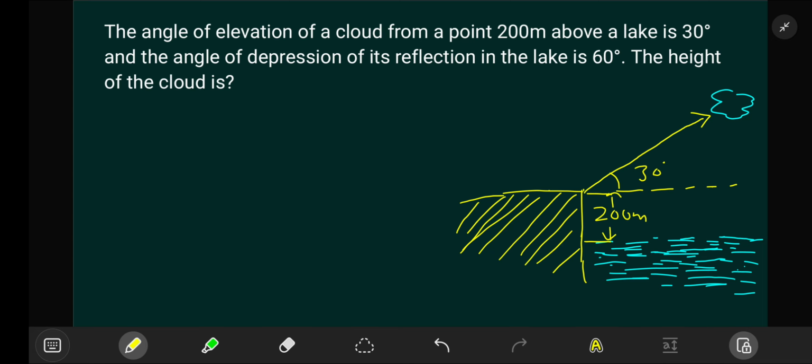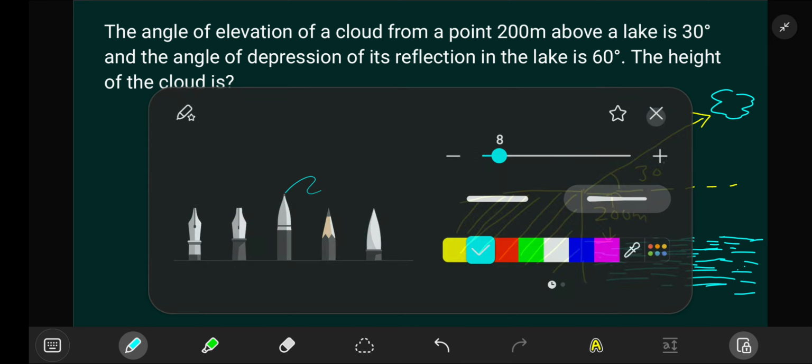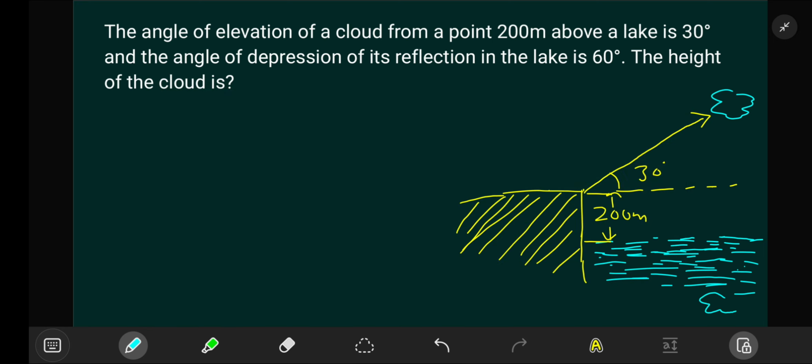And the angle of depression of its reflection in the lake is 60 degrees. Suppose its reflection is here, the cloud reflecting at the bottom here. This is the water body and this is the cloud.